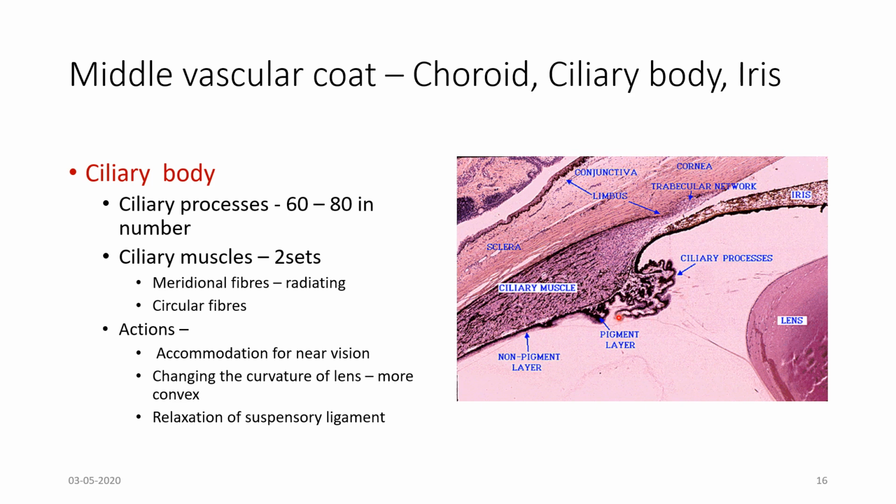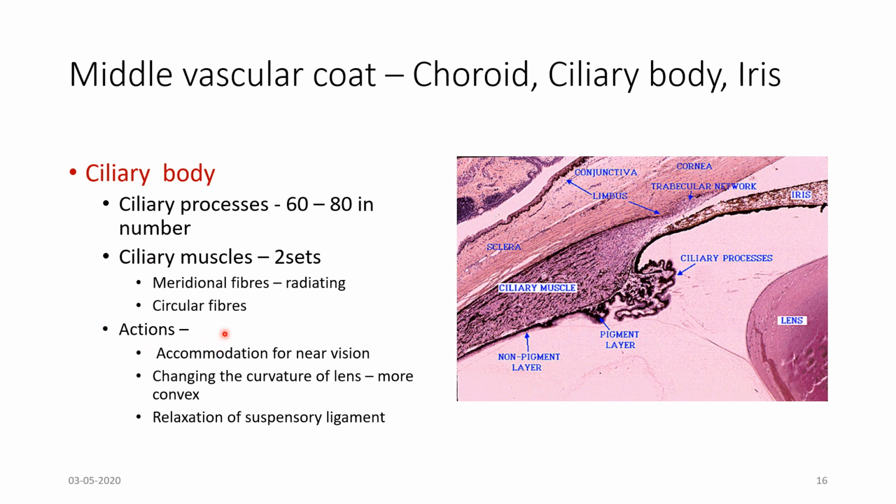In this section you are seeing a ciliary process. Coming to the ciliary muscle, there are two sets of muscles. One is meridional or radiating fibers. The other is circular fibers. The epithelium lining the ciliary processes has both pigmented and non-pigmented epithelia.